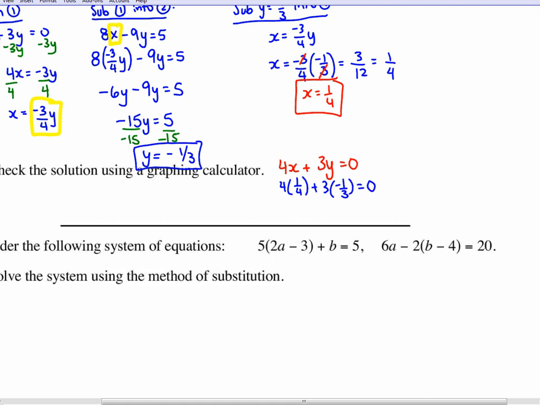Is that true? Well, what's 4 times a quarter? 1. 4 quarters is a whole. So 1 plus negative 1 is 0. Yay, that checks. 0 equals 0. So far, so good.